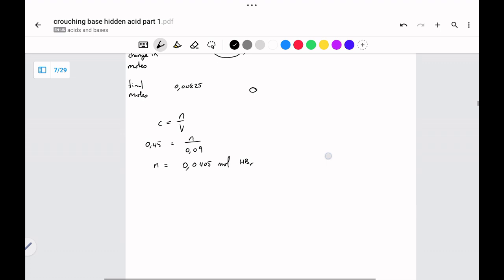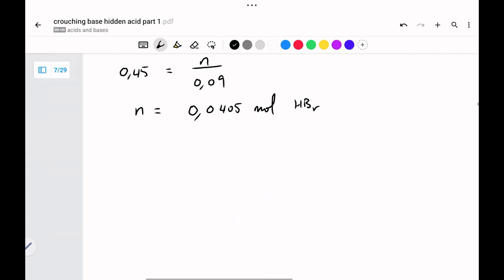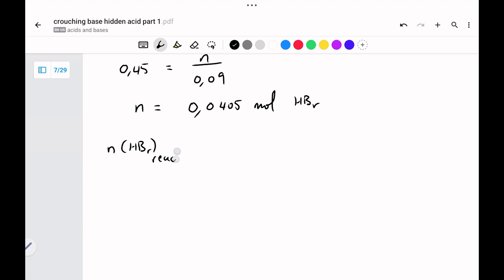And then we take the difference. So I can say that the moles of HBr that reacted is equal to moles HBr initial, which I've just found, minus moles HBr final.